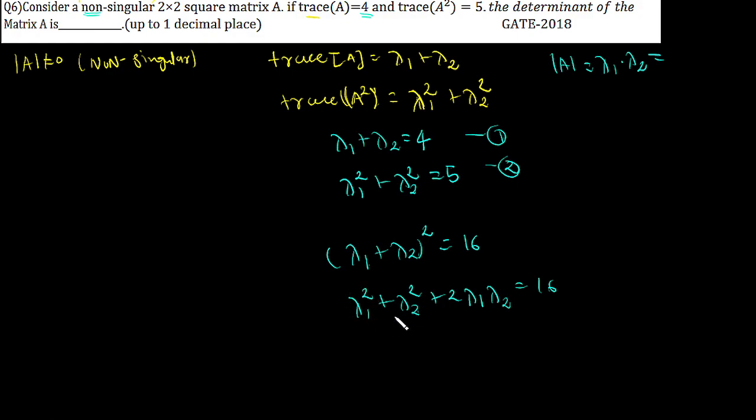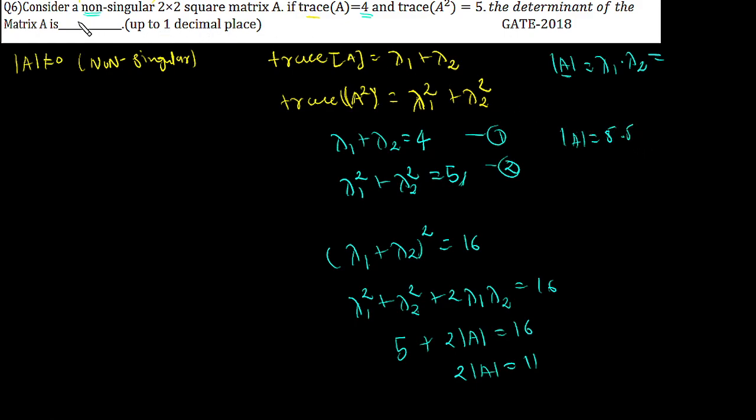The value of lambda 1 square plus lambda 2 square we already have, and it is 5. The multiplication of lambda 1 and lambda 2 is nothing but our determinant, so let's replace it with the determinant, and we have 16. So 2 times the determinant equals 11, and one can say the value of the determinant here is 5.5.